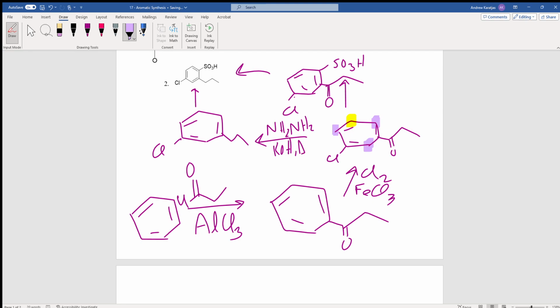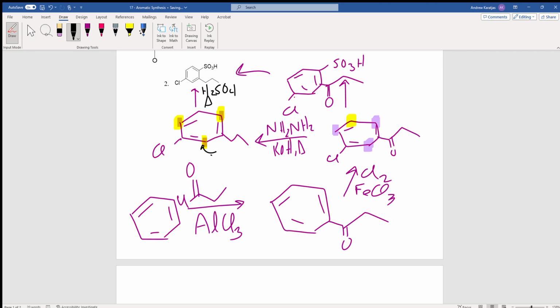If we reduce first, that chlorine, still an ortho-para director, still directs to those three positions. But the alkyl group now, also ortho-para, will direct to the same three positions. Now we can make a case for at least some selectivity. We're probably going to see the least amount of substitution at this carbon, and the reason for that is it's between the two substituents, so probably less reactive due to sterics.